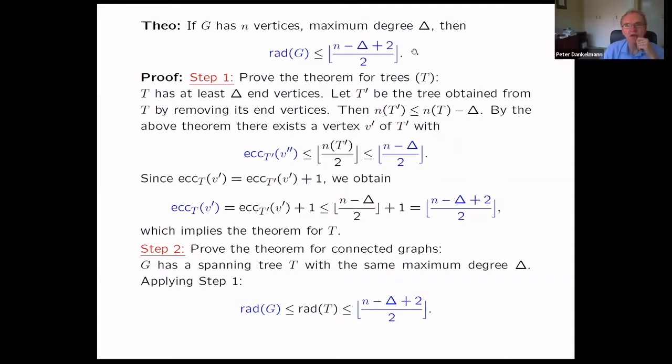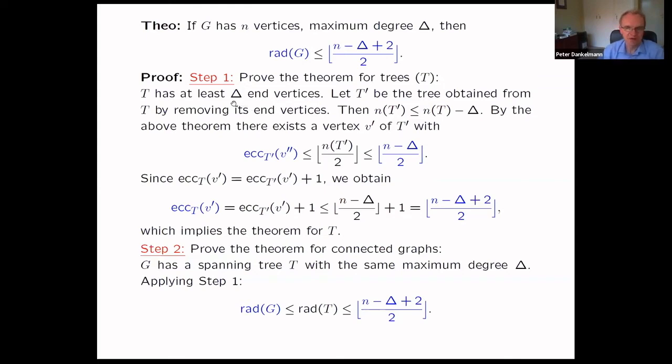And I claim that we have the bound that the radius is at most (n minus delta plus 2) divided by 2. So there's this little delta in there. Okay, and this proof is very easy if we apply the same trick, but we won't repeat the whole thing. We just think what happens in the first step. So we first prove our theorem for trees.